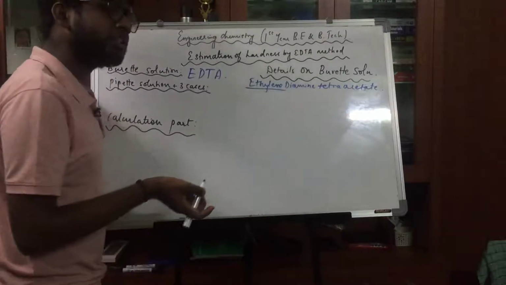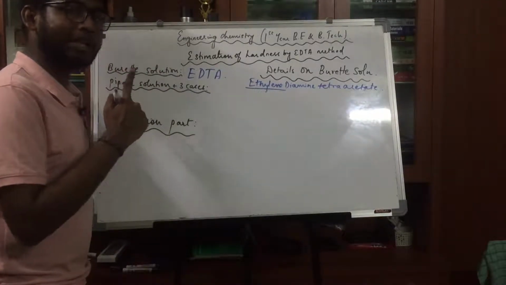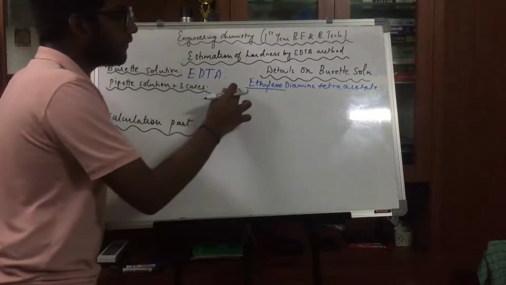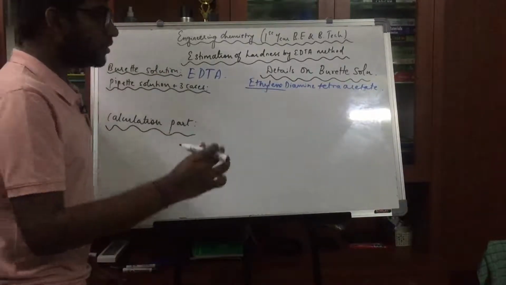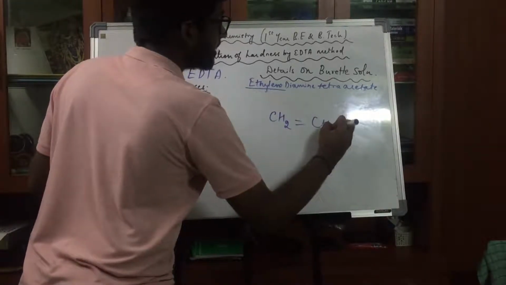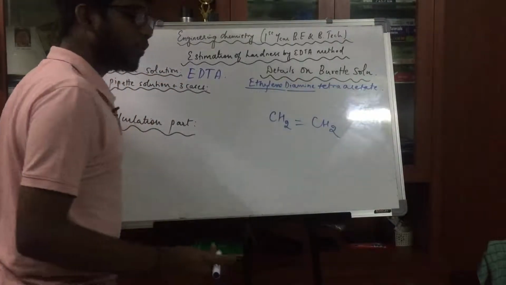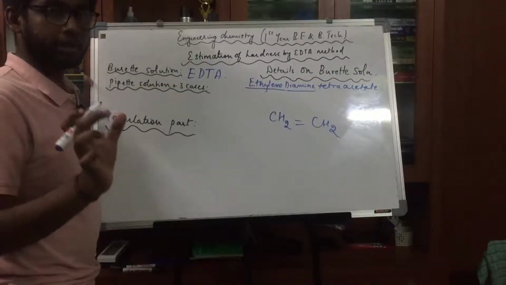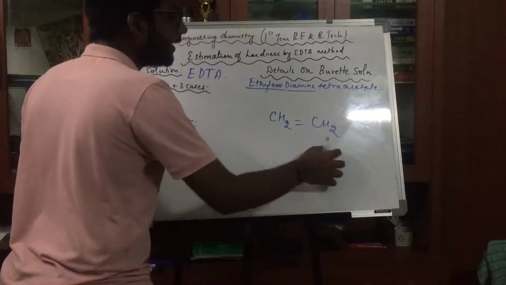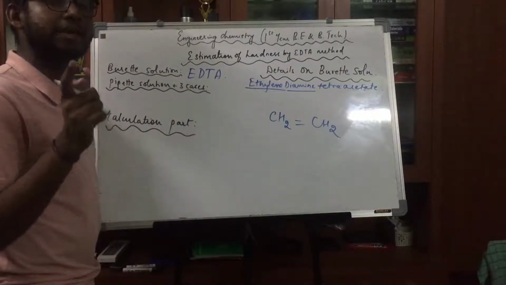While drawing the structure, you don't have to memorize the structure as such. You just have to follow the name, the full form. The first one is ethylene, whose structure is CH2 double bond CH2. Next is diamine. Two amine groups are added across the double bond, so the word addition is appropriate and substitution is not.